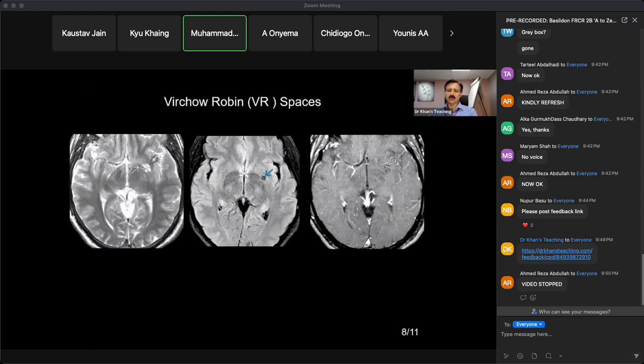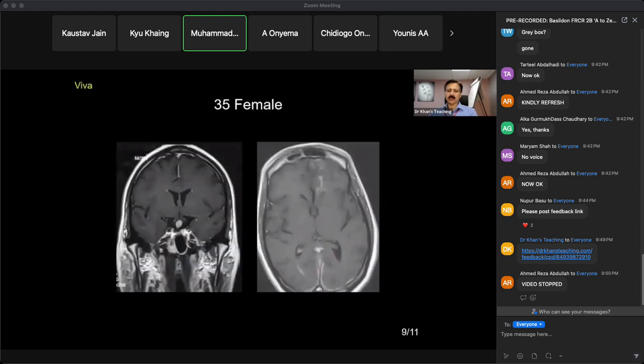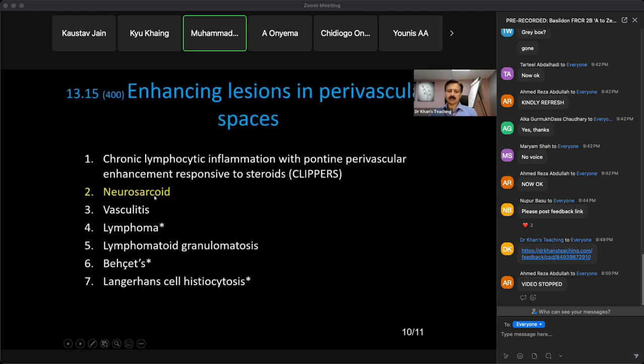And when they go into the parenchyma, they will appear as if they are parenchymal. Of course, they are now parenchymal, but the pattern is an evidence of how they proceeded into the parenchyma. Now, sarcoidosis is known to occur like this.